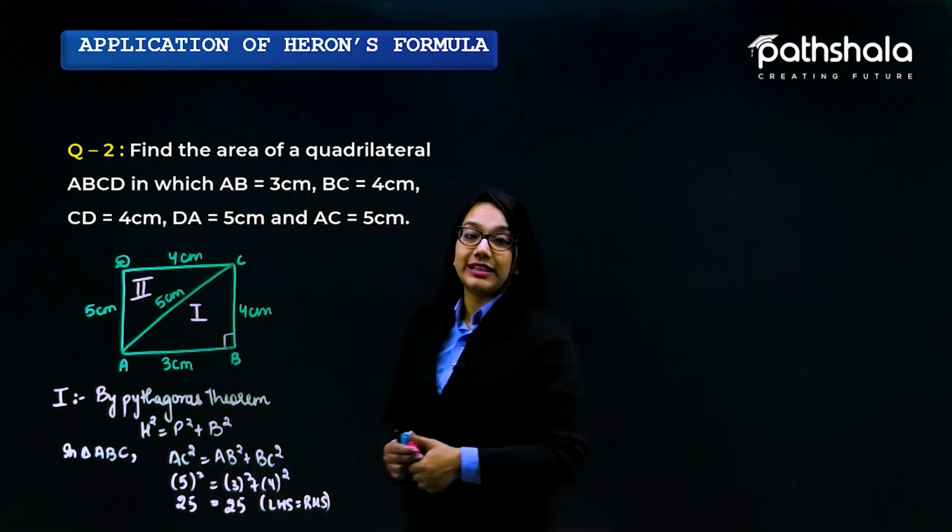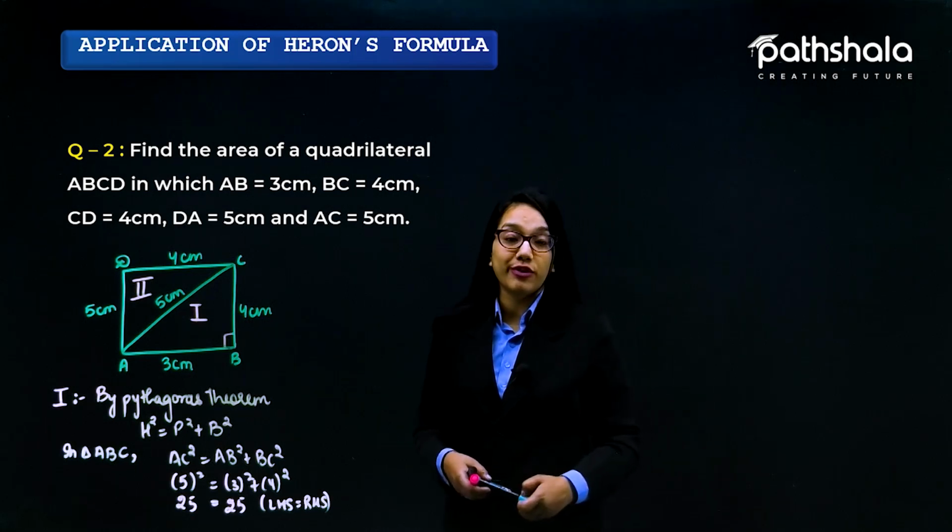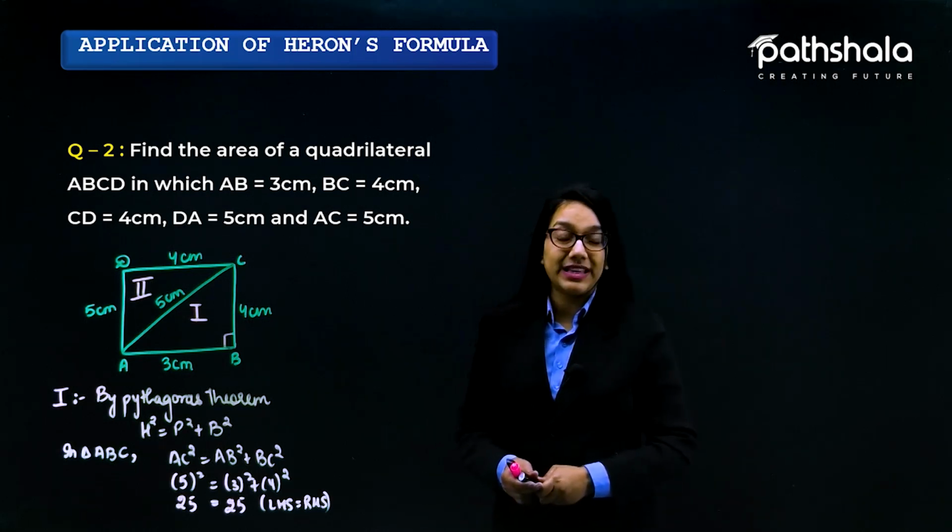So if this is a right angled triangle, then we can find the area of the triangle using the formula half into base into height.